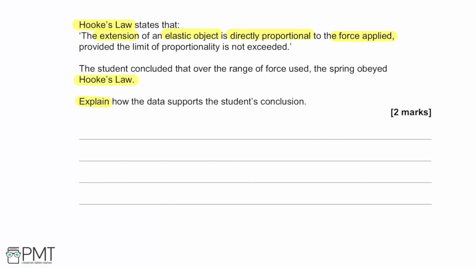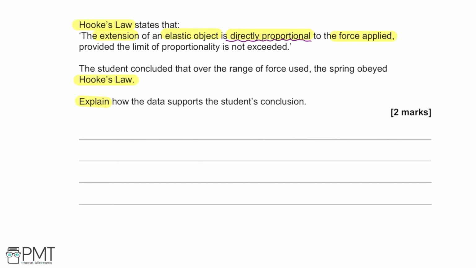So the key words that I'm focusing on here are the fact that for an object to obey Hooke's law, the graph of force against extension is going to be directly proportional. Now, for 2 variables to be directly proportional, they must produce a graph that goes through the origin and is a straight line.